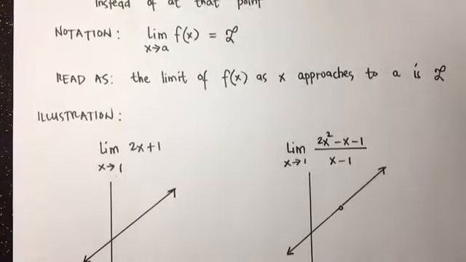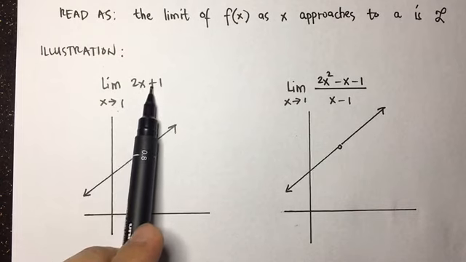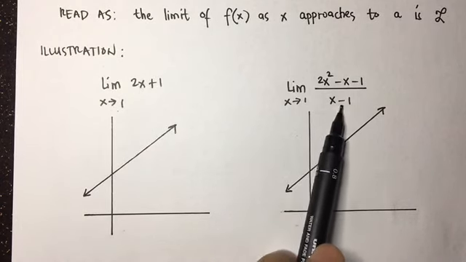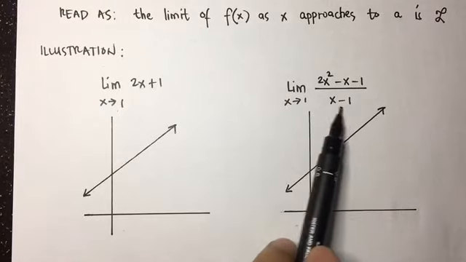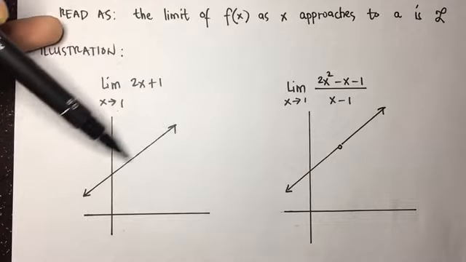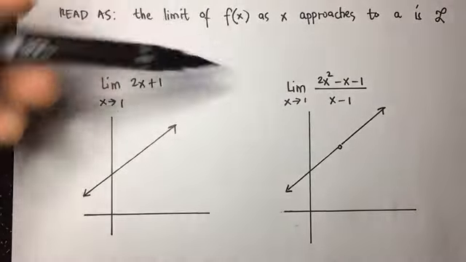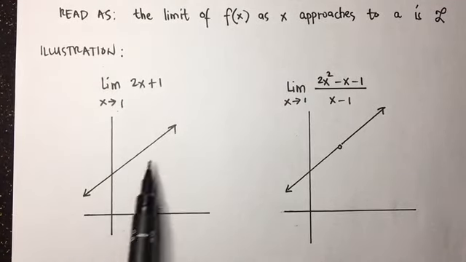For the illustration, we have two functions: 2x plus 1, and 2x squared minus x minus 1 all over x minus 1. If you graph those two functions, the graphs will be identical, just straight lines. But as you can see, 2x plus 1 is continuous.